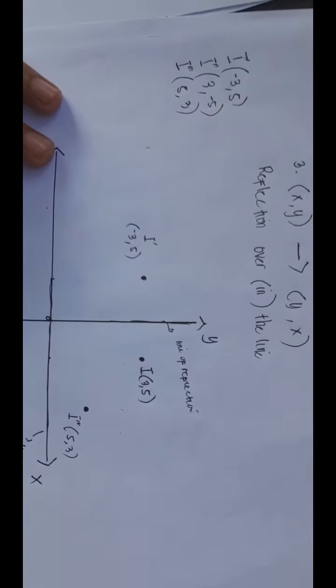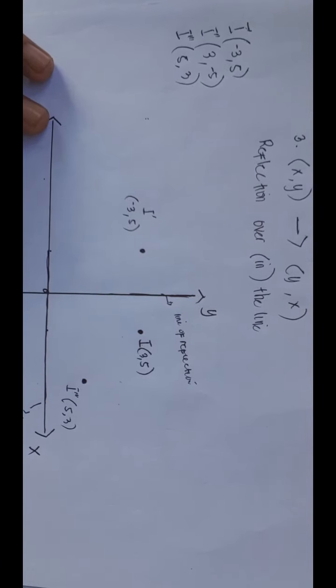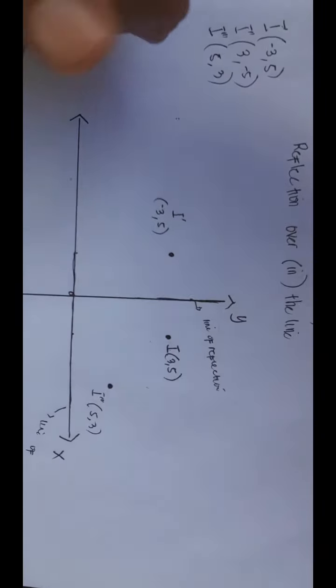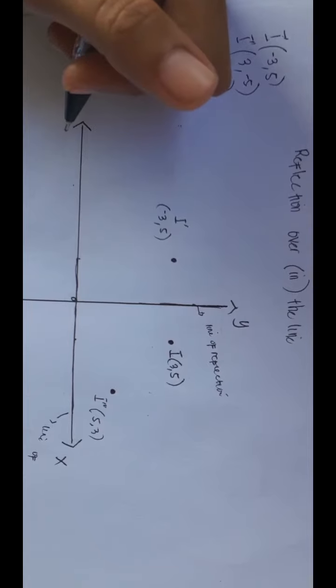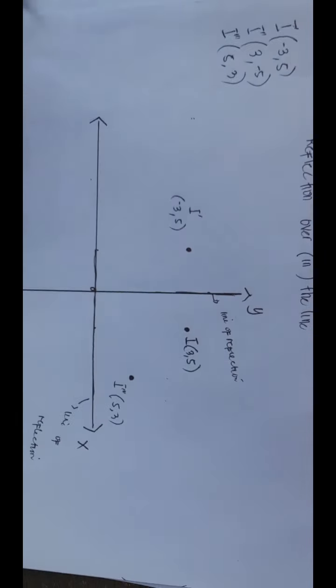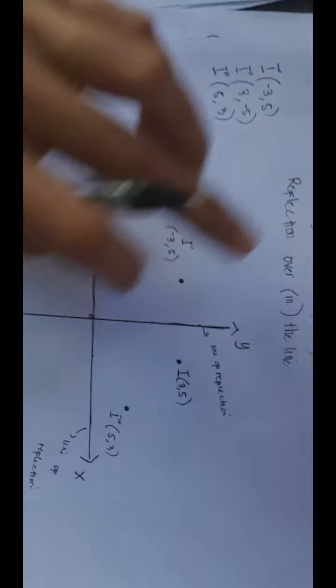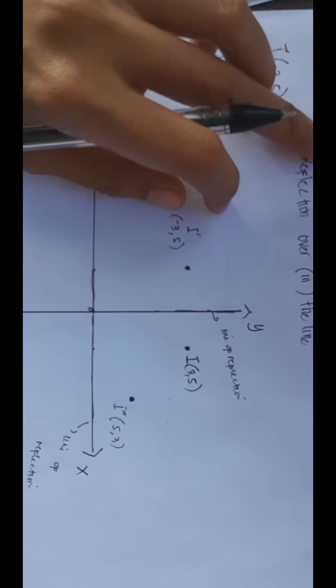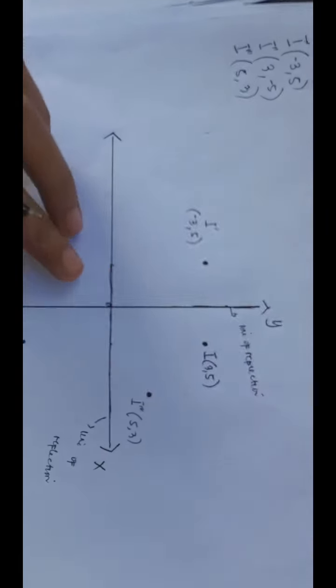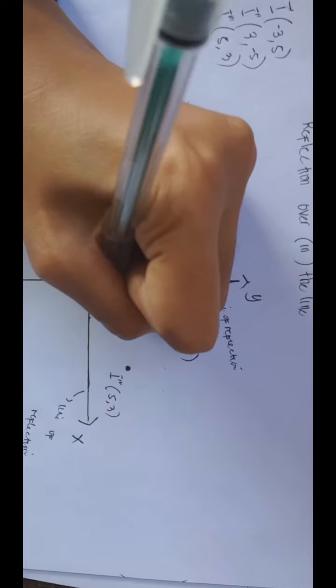Now what is its line of reflection? To give you a hint, the line of reflection in rule number 3 is a diagonal, right? It is here.